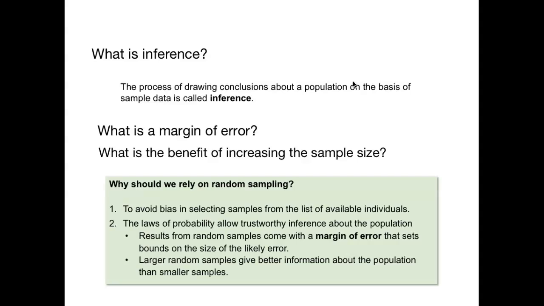An error is not like human error. That's not like you did a bad job of sampling, because there is no statistical way to account for that. If you did a bad job of sampling, all you can do is throw out the sample and start over. But when we say error, what we really mean in statistics is variability by random chance.